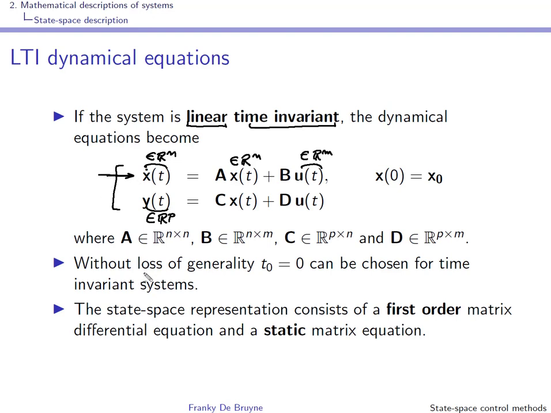You see that it is first order because it involves the first derivative of the state vector. This first equation is dynamical, and it's the state equation. The second equation is a static matrix equation. It's the output equation.